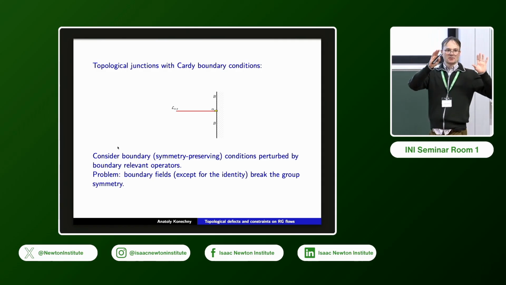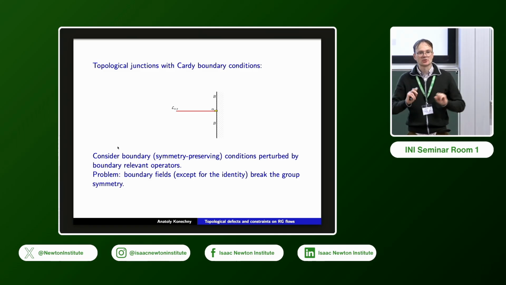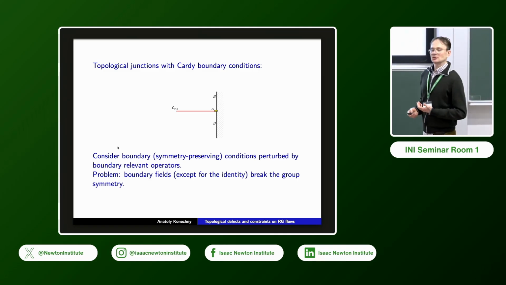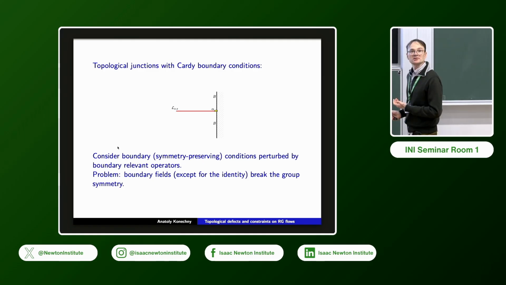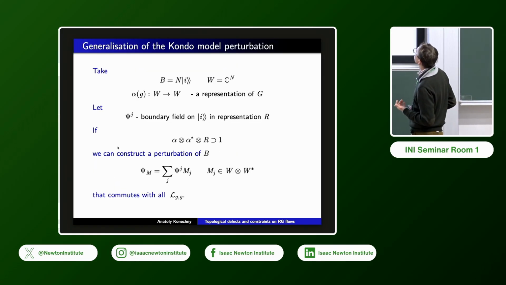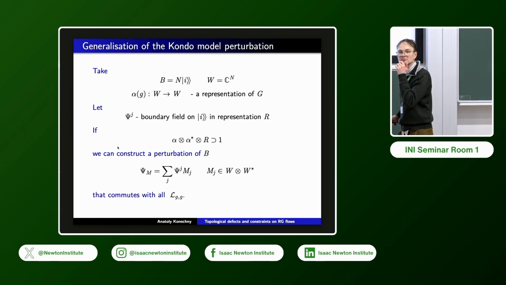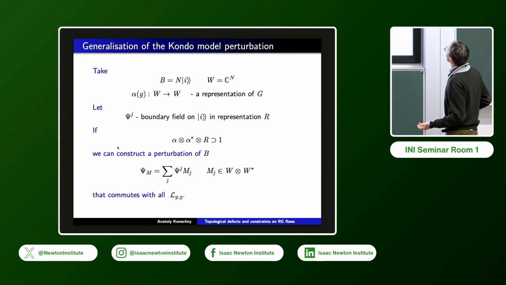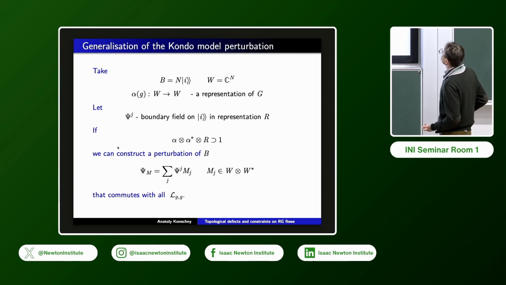So if you want to fully exploit your algebra and stay in this class of rational CFTs and rational symmetry-preserving boundary conditions, you need to do something else. You need to consider some special flows. Here, what I would propose, and this is still work in progress with Vasilis, is some simple generalization of the Kondo type perturbation.